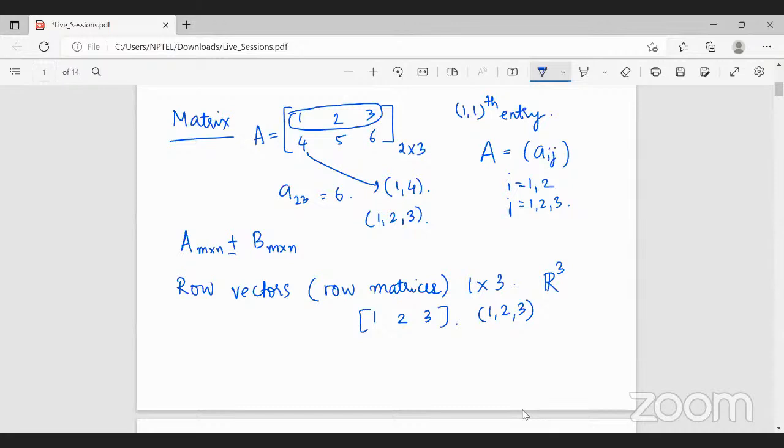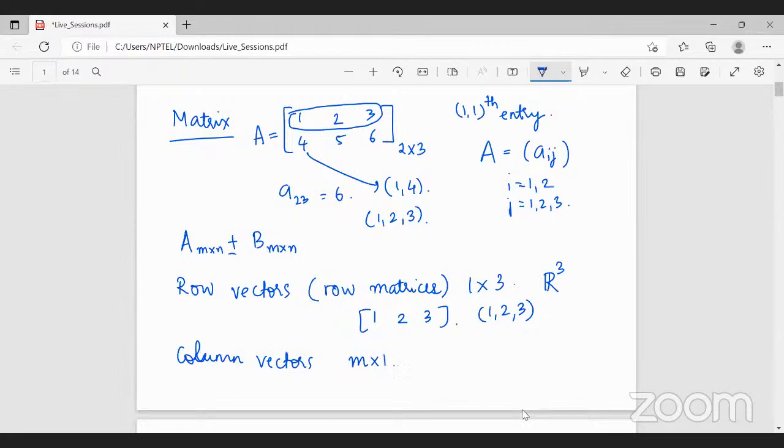What about column vectors? What are column vectors? For this matrix, 1, 4, 2, 5, 3, 6 are the column vectors. Column vectors are also called column matrices. They are nothing but matrices with just one column. So it is going to be of this form, m cross 1. So where will this vector be?